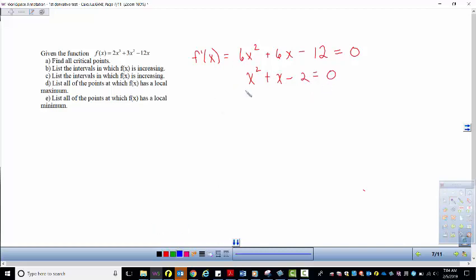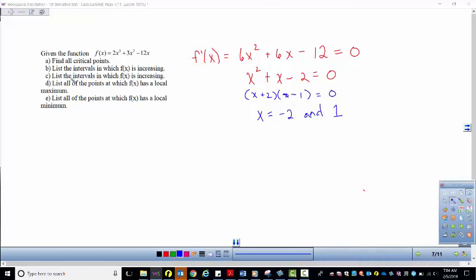And this one, to find the critical points, I'm going to need to factor. So I'd get x plus 2 and x minus 1 as the factors of this quadratic. So my critical points would be when x is negative 2 and positive 1.